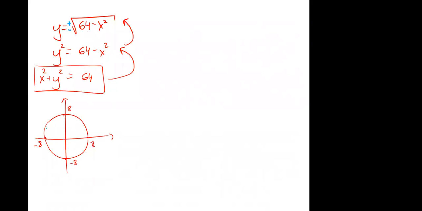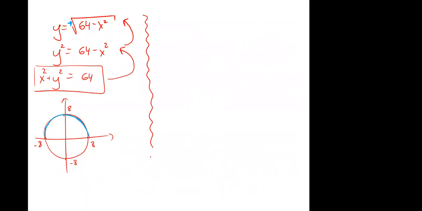Positive means the positive part of the circle, and negative means the negative. Since we only have a positive in our original equation, that's the reason it is the upper semicircle, okay? That means just to deal with this formula.